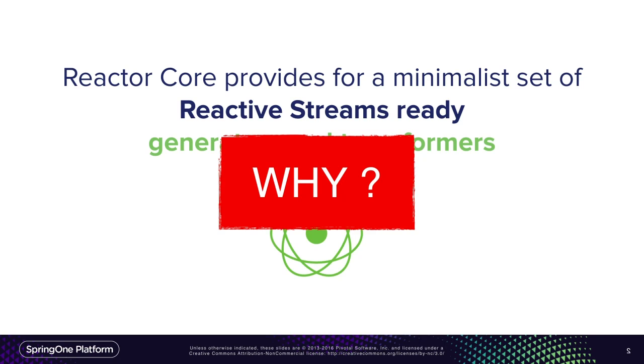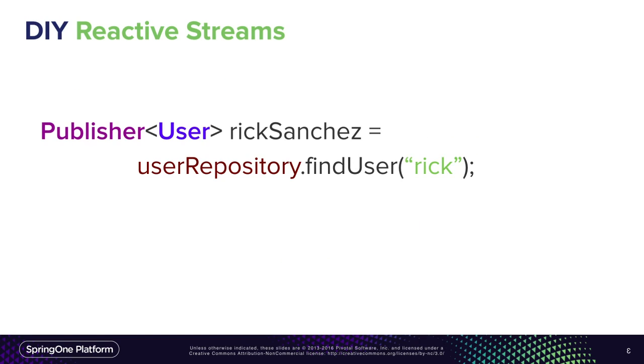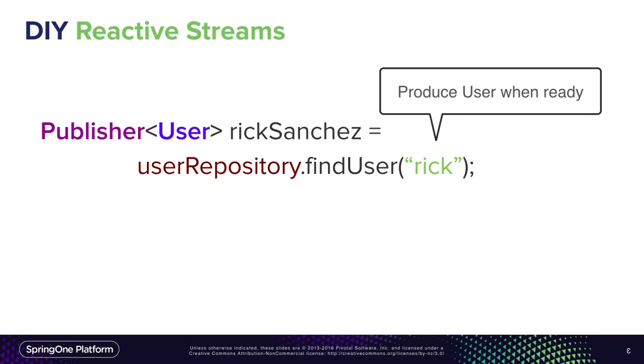But why do we do that? It's because if you have ever looked at the Reactive Streams specification on the website, you will see these two interfaces, Publisher and Subscriber. And that's great, because if you have a user repository supporting a Publisher return type, like Spring Data, it's going to produce a user only when it has read the data from the database.